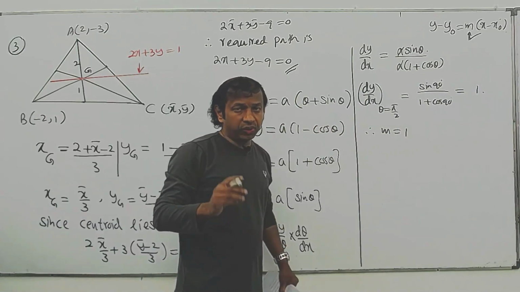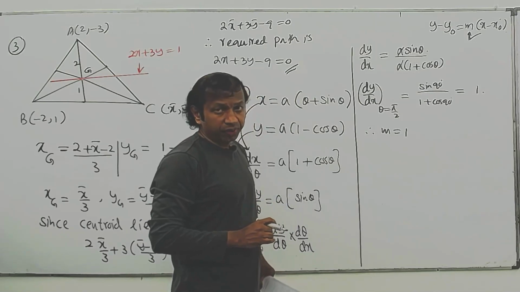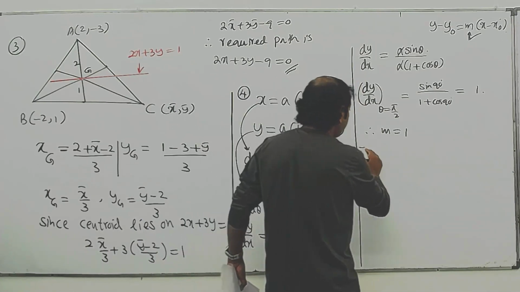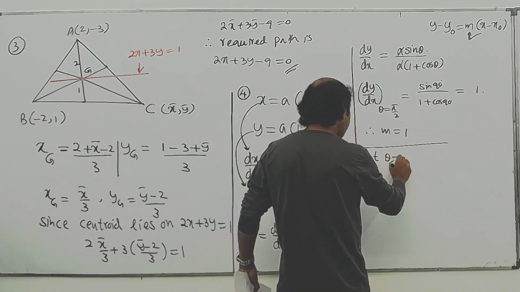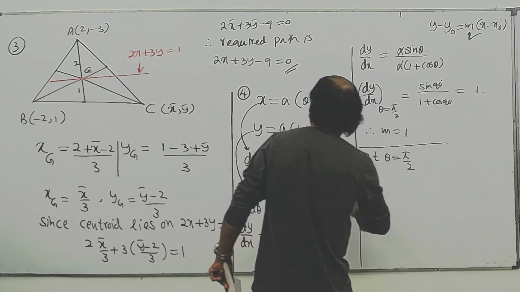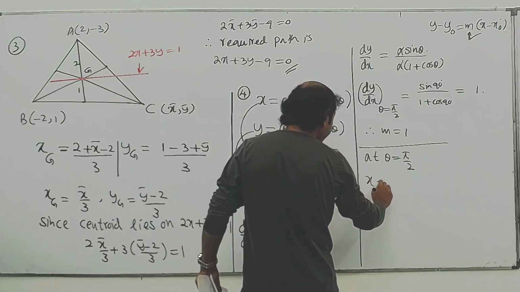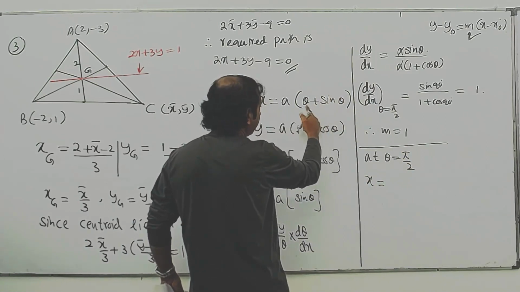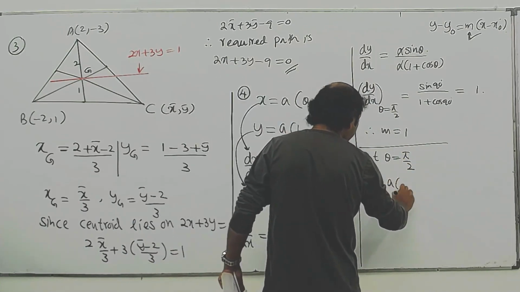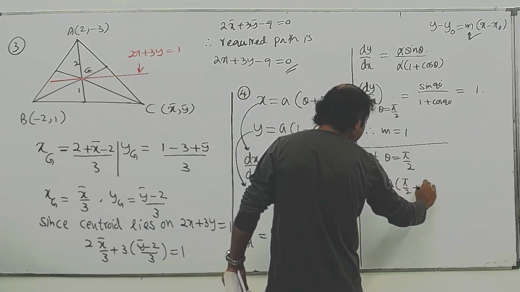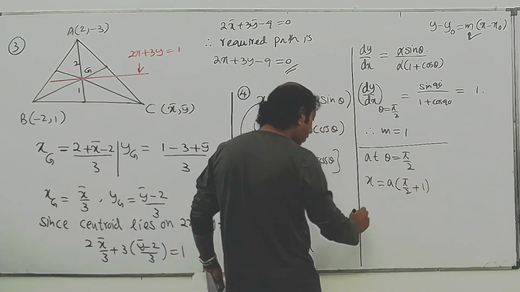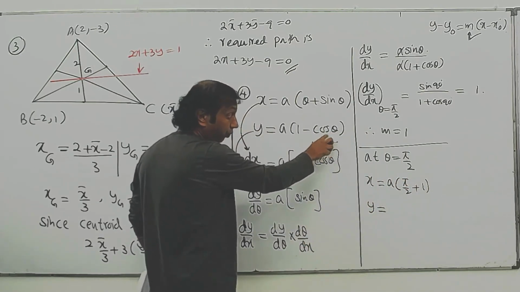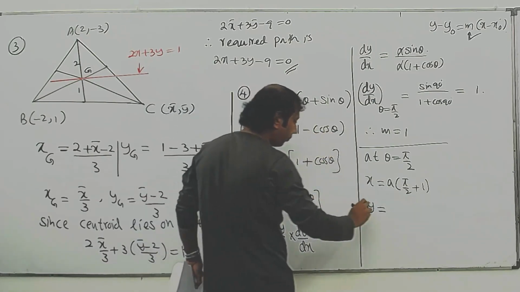At theta equals pi by 2, x is a times pi by 2 plus sin pi by 2, which is 1, so x is a(pi by 2 plus 1). And y is a(1 minus cos 90), cos 90 is 0, so y is a.